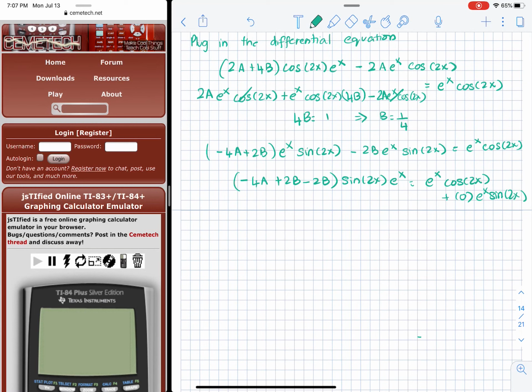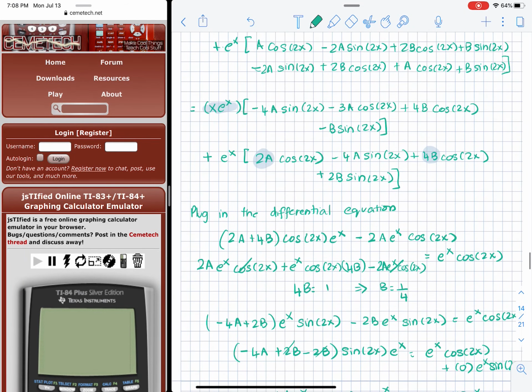The 2b and the minus 2b will get cancelled, so those two would simply go away. I'd have minus 4a e raised x sine 2x equals e raised x cosine 2x plus 0 e raised x sine 2x. So equating the coefficients of that term to that term, we have minus 4a equals 0, which would imply a is 0.